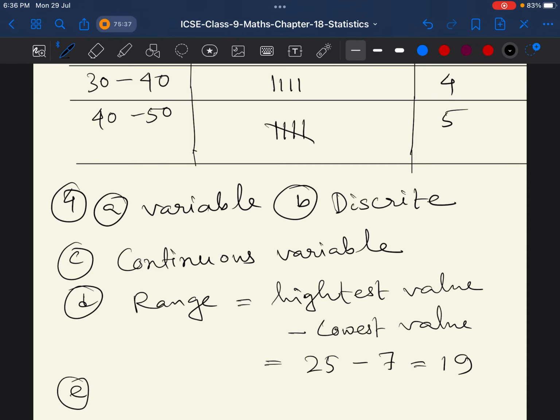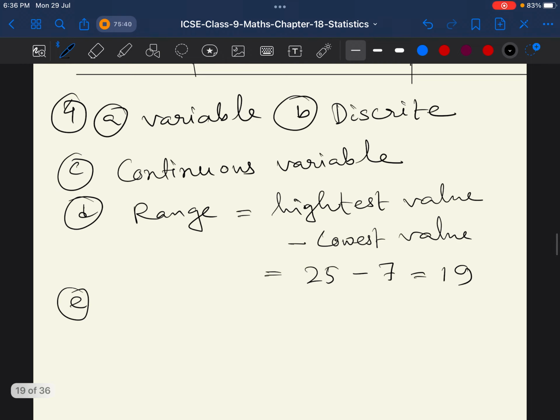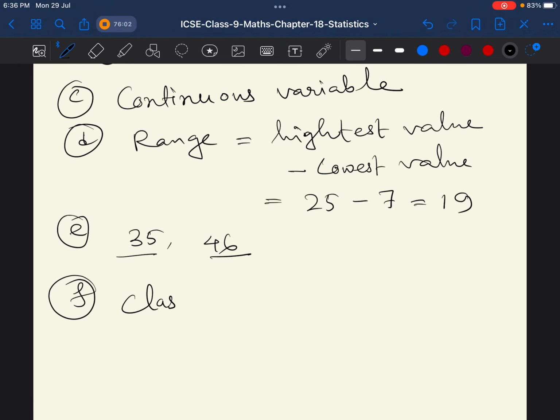Now E. In the class interval 35 to 46, the lower limit is 35 and upper limit is 46. Now the class mark of class interval 22 to 29 is, so we know class mark is upper limit plus lower limit by 2.